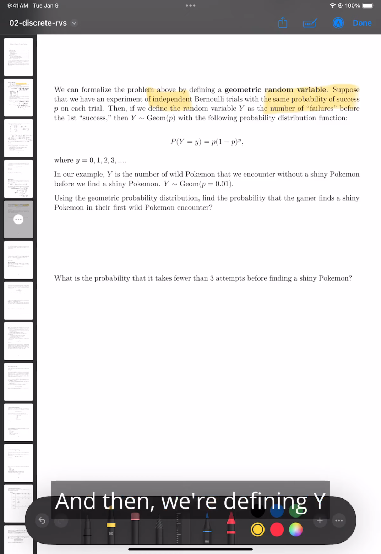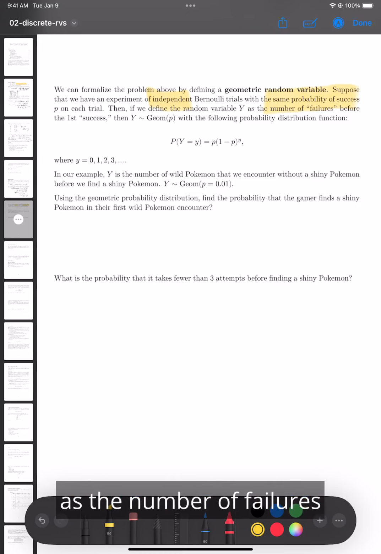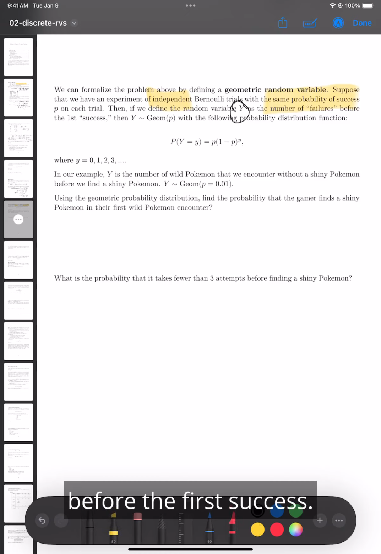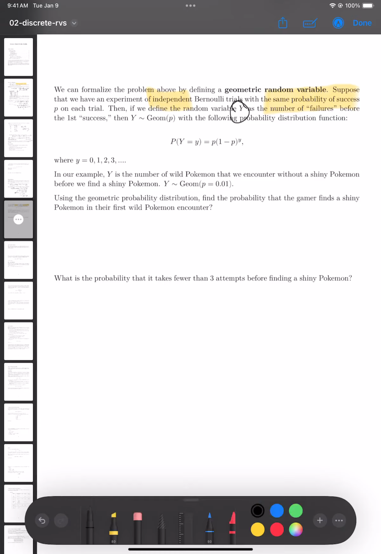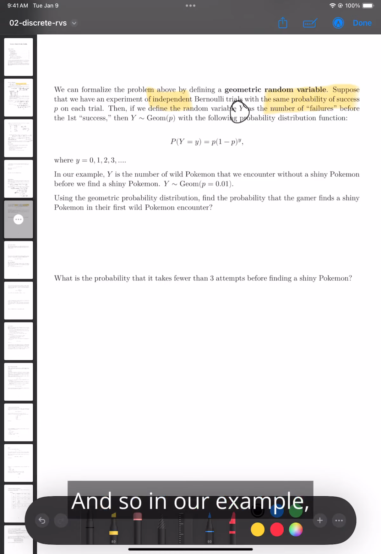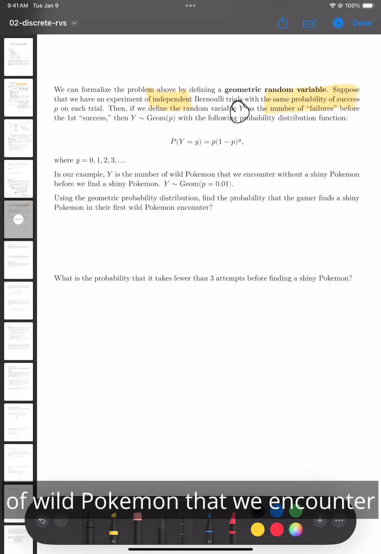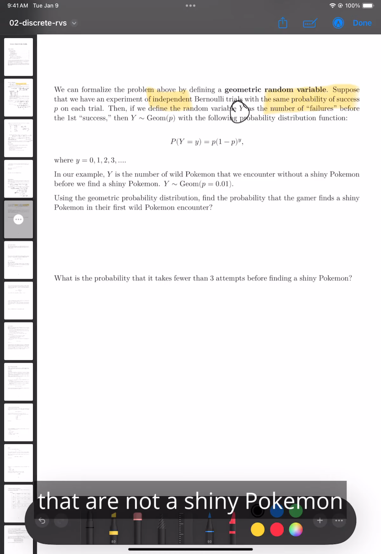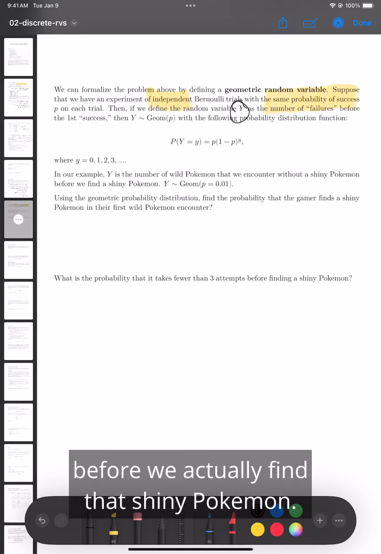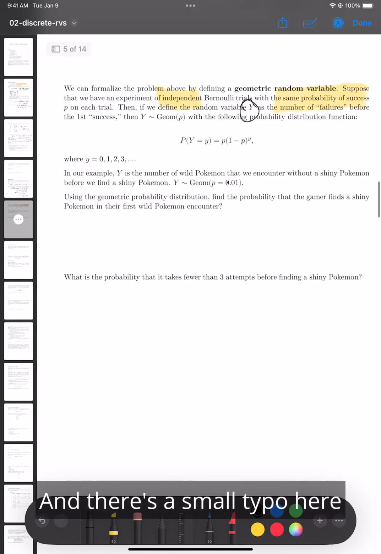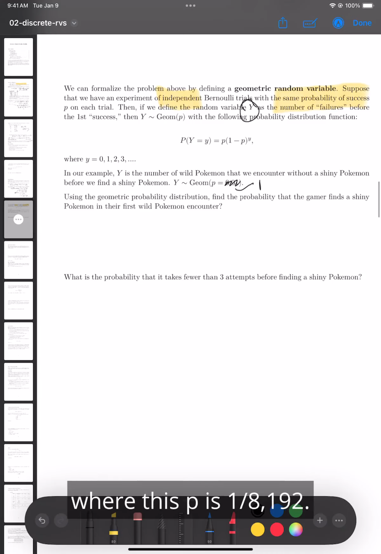And then we're defining y as the number of failures before the first success. And so in our example, y would be the number of wild Pokemon that we encounter that are not a shiny Pokemon before we actually find that shiny Pokemon. And there's a small typo here where this p is 1 over 8,192.